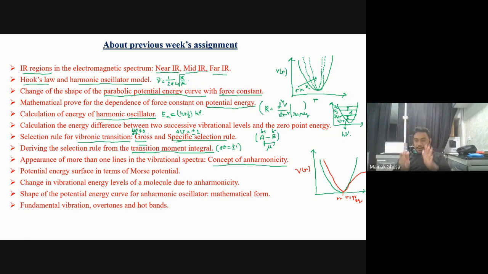So at that point, if R is less than R equilibrium, the potential energy will be stiffer. But if you increase your R beyond R equilibrium, the potential energy curve will be shallower. So this is for the SHO, and this is for the ANHO, or anharmonic oscillator.